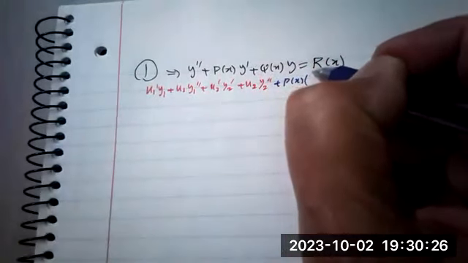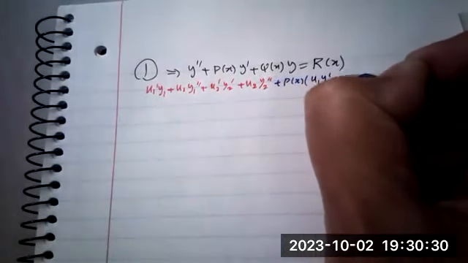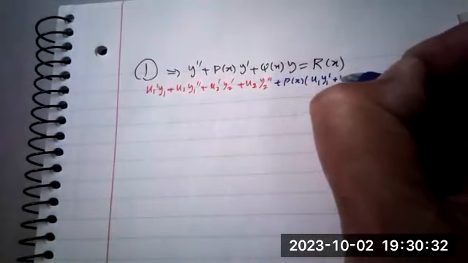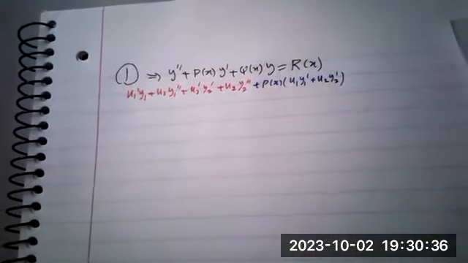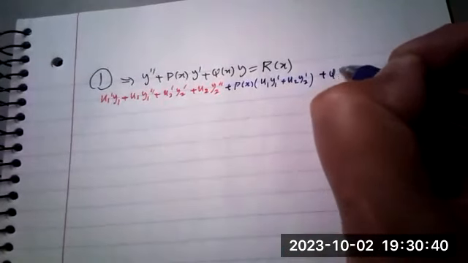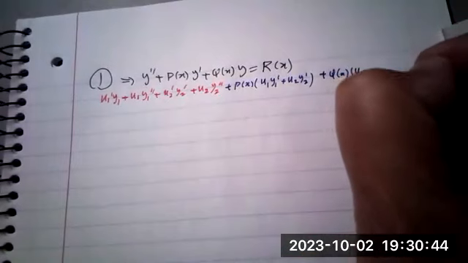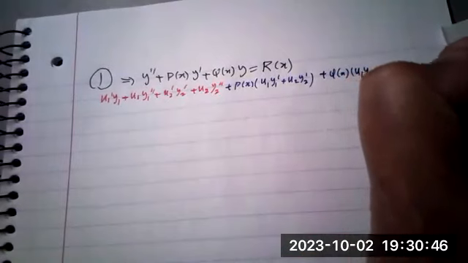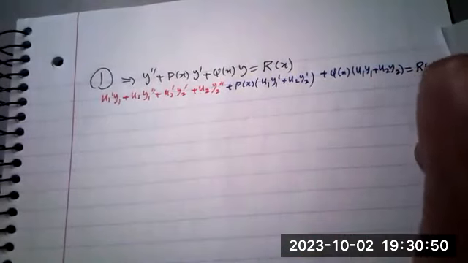Plus px times y prime. This is y prime: u1 y1 prime plus u2 y2 prime. Okay, that's px plus qx times y. What is y? u1 y1 plus u2 y2, equal to rx.